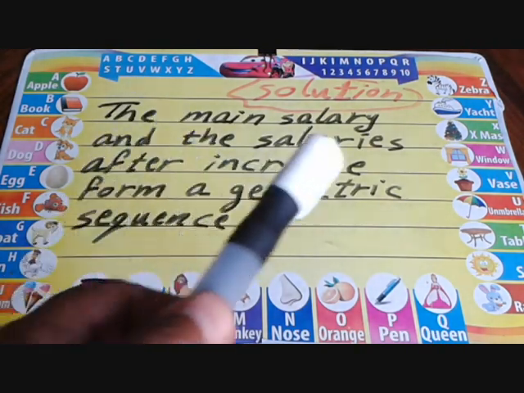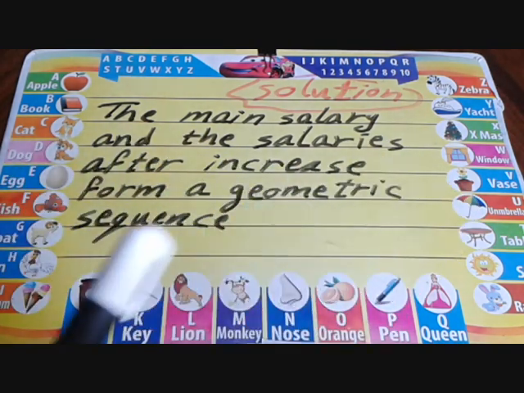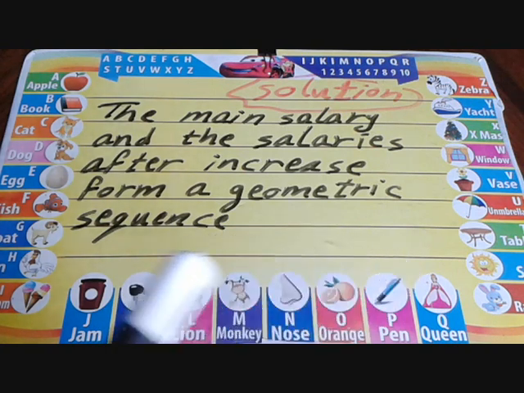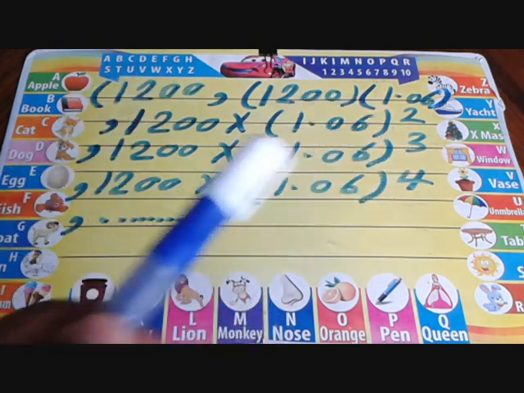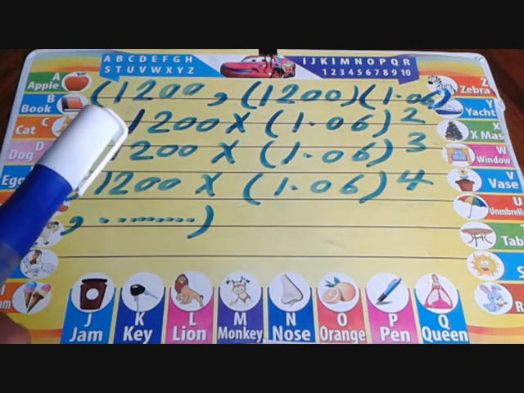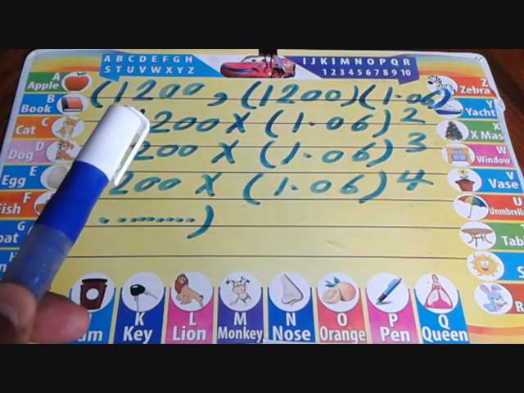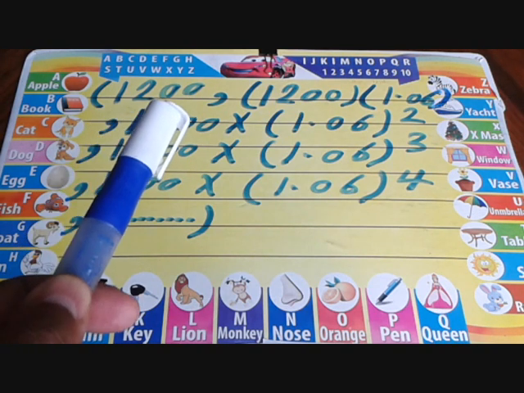The mean salary and the salaries after increase form a geometric sequence. These are the terms of the sequence. As you see, the first term is 1,200.